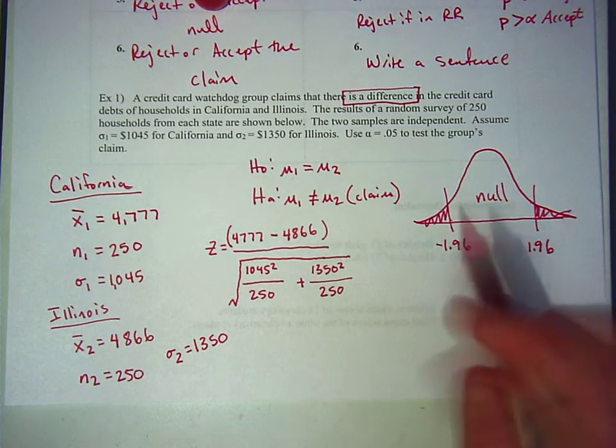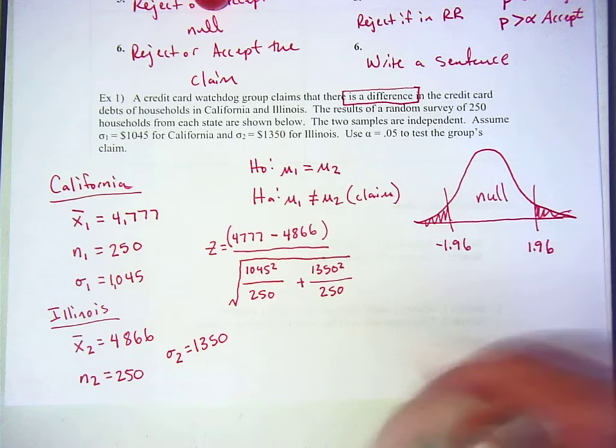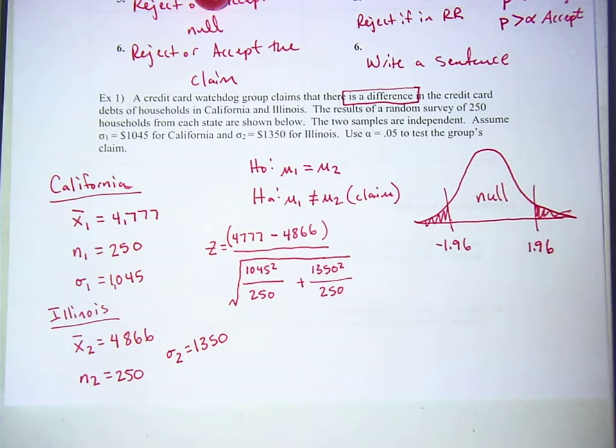You guys know where all these numbers are coming from? I'm just following the formula and filling in the stuff from California and Illinois.